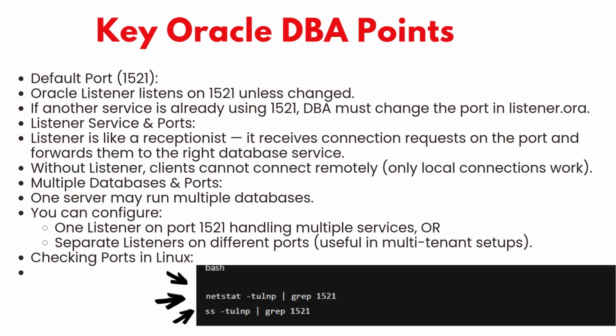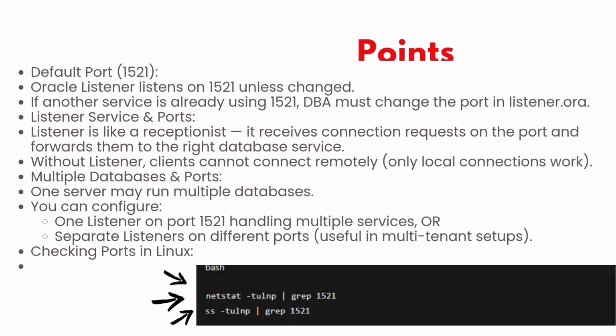Link with lsnrctl. lsnrctl status confirms the listener is running and which ports it is using. If Linux shows nothing on 1521 but the listener claims to be running, it points to a firewall or OS issue. Firewall issues. Even if the listener is up, a firewall may block port 1521. As a DBA, you must work with the Linux administrator to ensure the port is open.